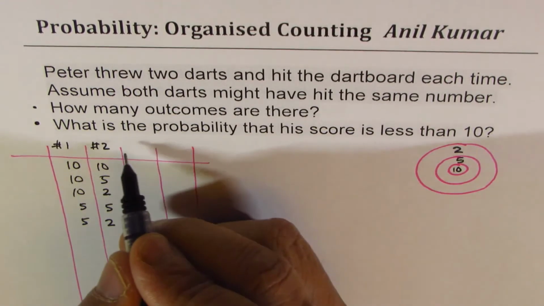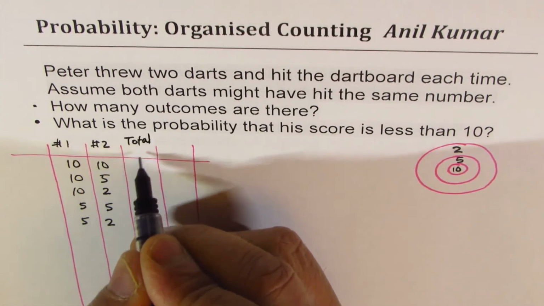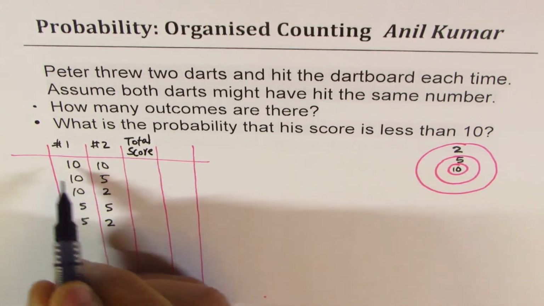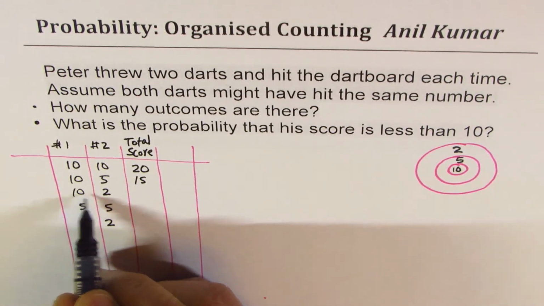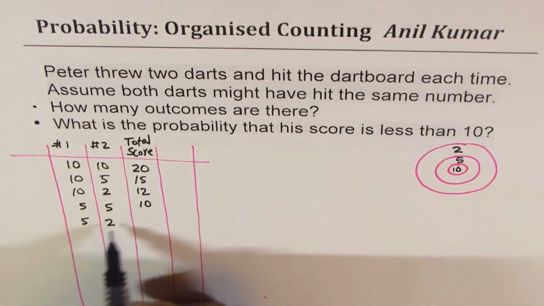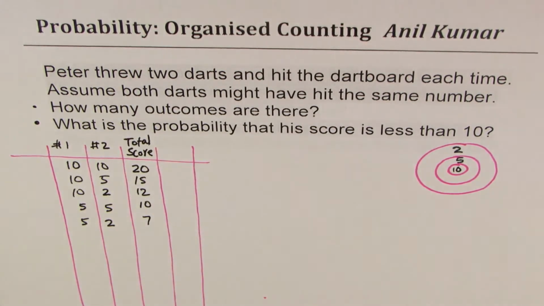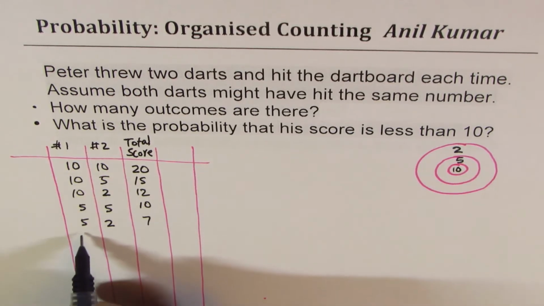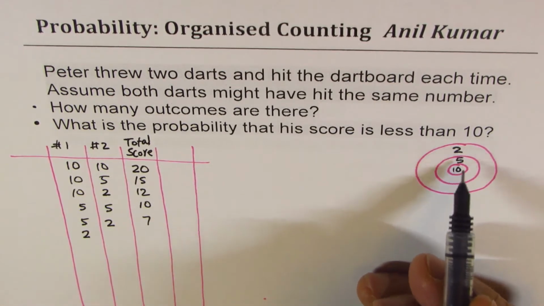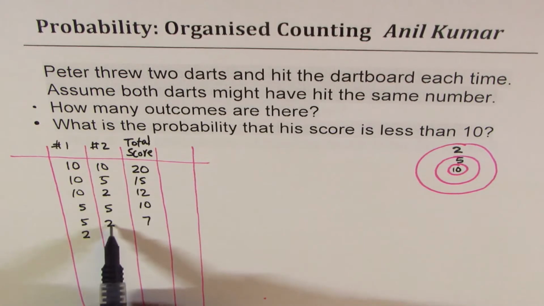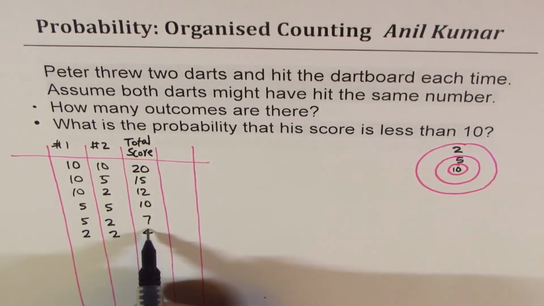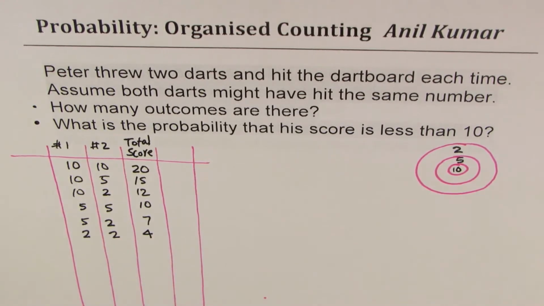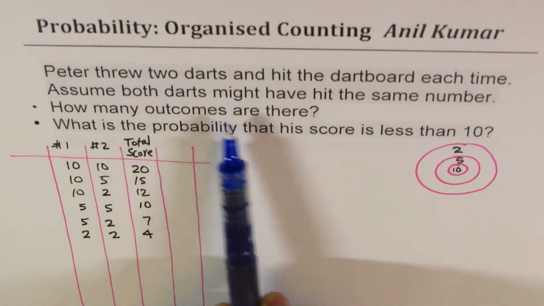New totals. So here we'll write total, or score. Is that okay? So the score will be 20 in this first case, 15 here, 10 plus 2 is 12, 5 plus 5 is 10, like that you get a score. But if I hit 2, then combinations with 5 and 10 are already taken care of. So a new combination is 2, 2, which totals to 4. Perfect. So we can now find how many outcomes are there.